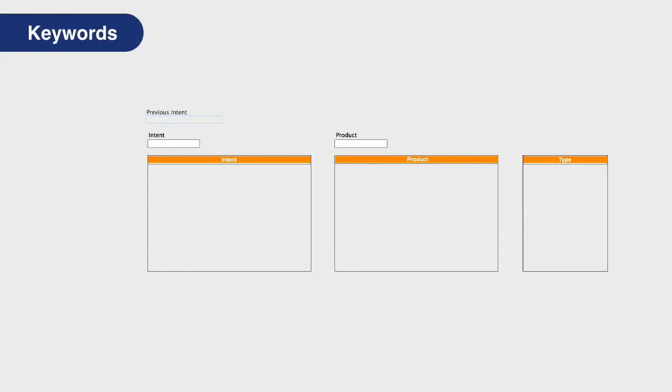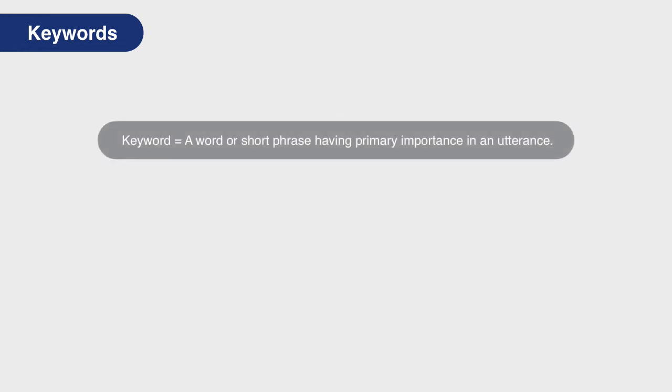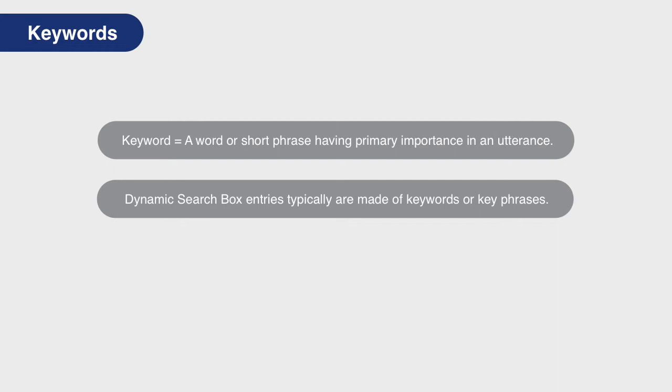Here are some basic concepts and helpful tips to help you use dynamic search boxes properly. A keyword is a word or short phrase having primary importance in an utterance. Dynamic search box entries typically are made of keywords or key phrases, not full sentences.